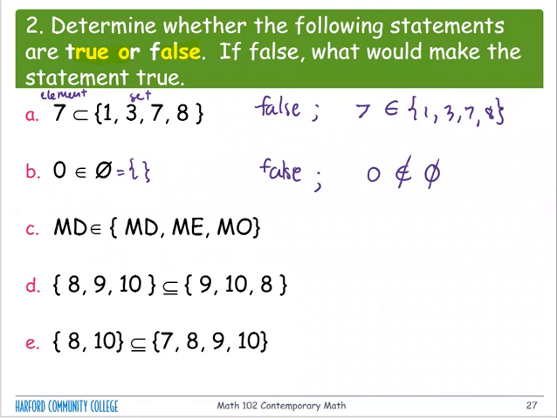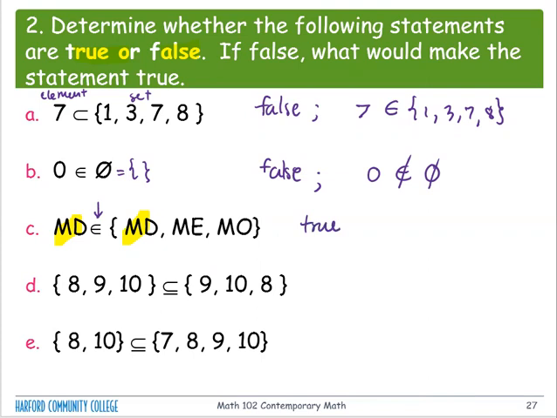Part C, MD is a member of the set that contains MD, ME, and MO. The left-hand side is a member, one of the members contained in the set on the right-hand side, and the notation that we use in this problem is appropriate as the notation for a member. Then part C is a true statement.